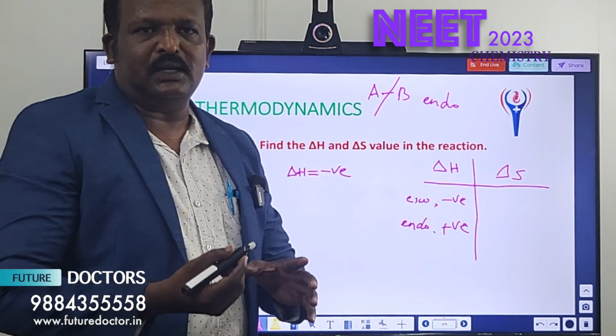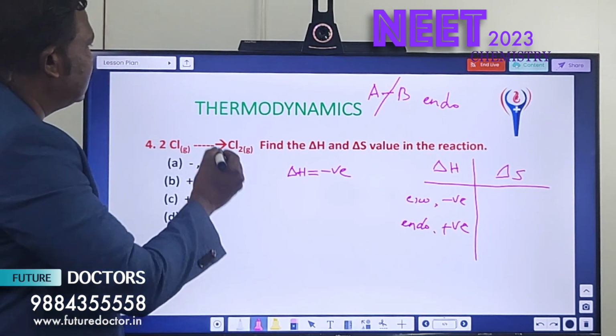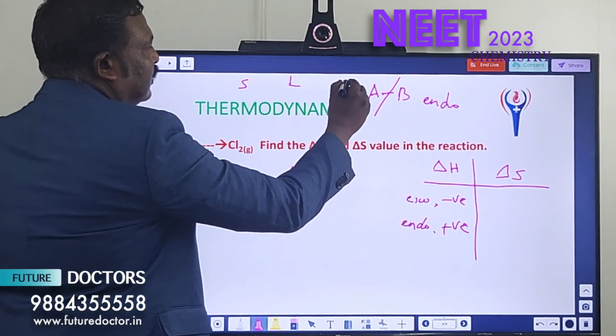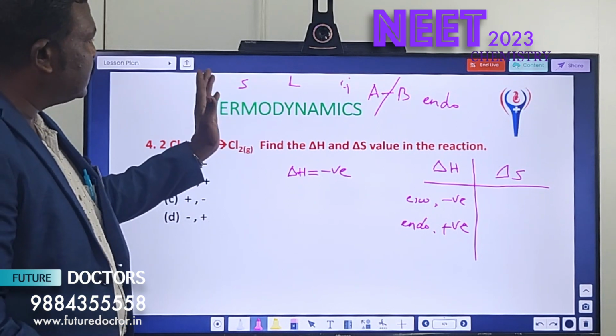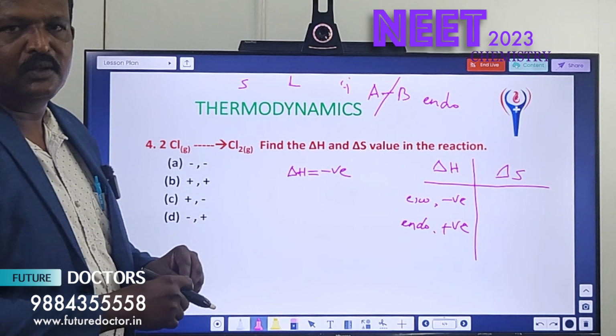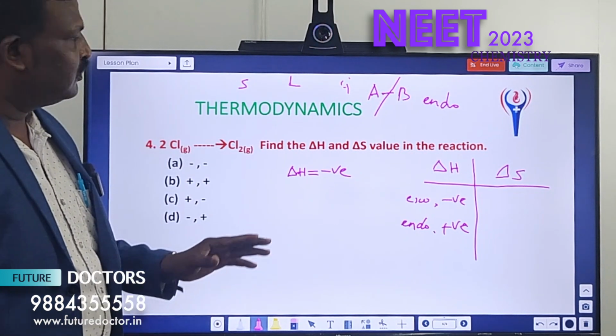Simply, we can say entropy is the disorder of the molecules. Suppose I'm taking solid, liquid, gases. In the solid state, the molecules are orderly arranged, so entropy is zero, no disorder.